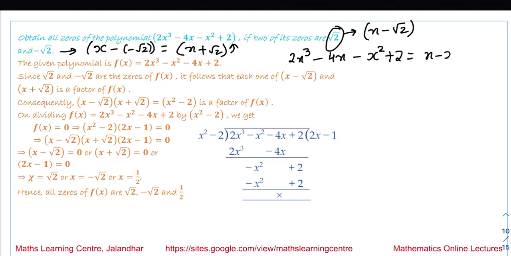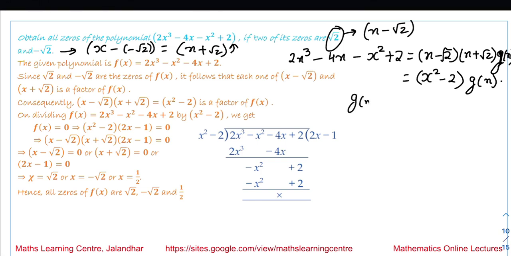That is equal to x minus root 2 into x plus root 2 into some polynomial, you can write q(x) or g(x). If we multiply these two terms, it is x square minus 2 into g(x).